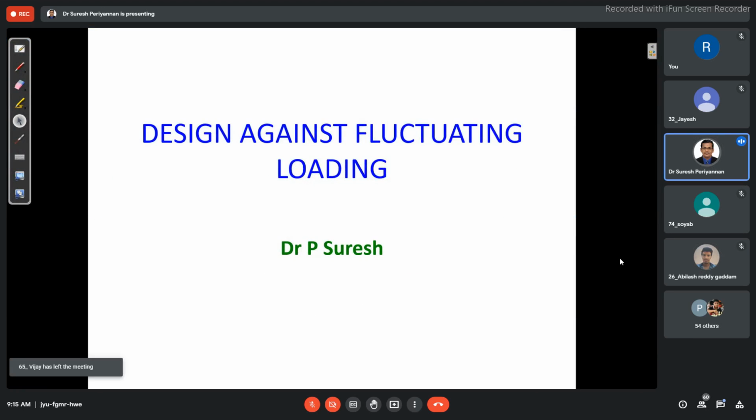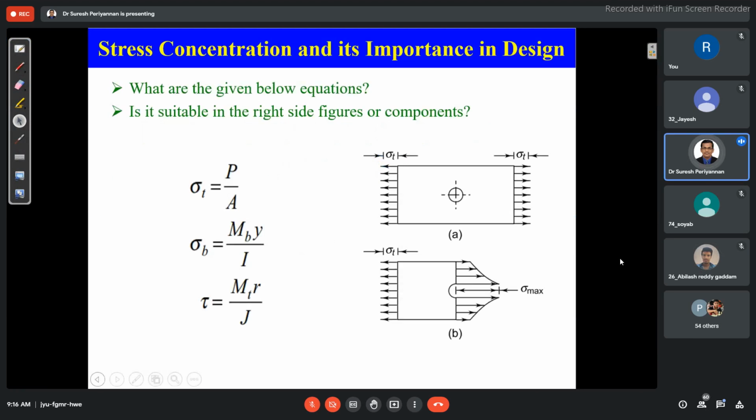Okay. Now, design against fluctuating loading. Whatever we discussed in the earlier case was static loading, with components of uniform cross section. Now I'm going to ask you a question at the beginning of this chapter.